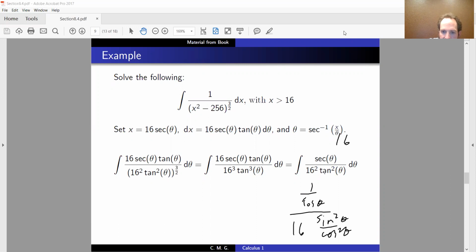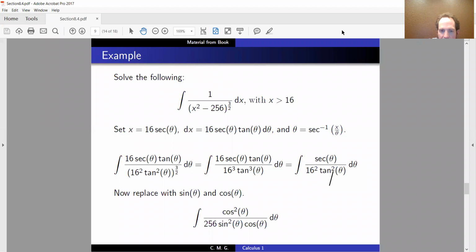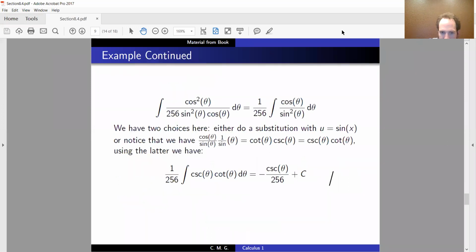And then 16 squared stays 16 squared. The cosine squared goes on top. This cosine goes on the bottom. And so I am left with cosine squared of theta on top, sine squared times cosine theta on the bottom with a 256 on the top. The cosines will cancel. I get cosine over sine squared. And so then that gives me what I need.